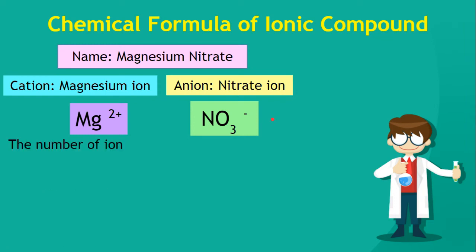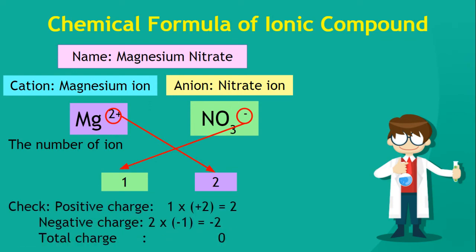We determine the number of ions from the charge. Magnesium is 2, so you put 2 under the nitrate ion. For nitrate ion, negative 1, so you put 1 under the magnesium ion. This is the ratio of magnesium to nitrate: 1 magnesium ion combines with 2 nitrate ions to form the magnesium nitrate compound.